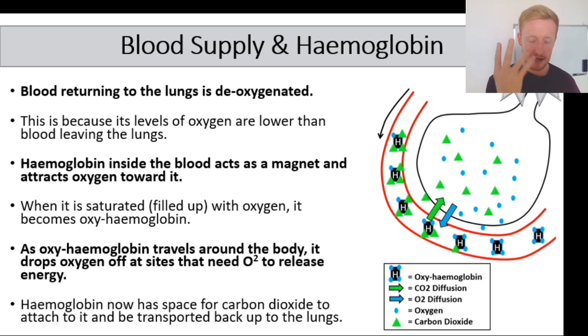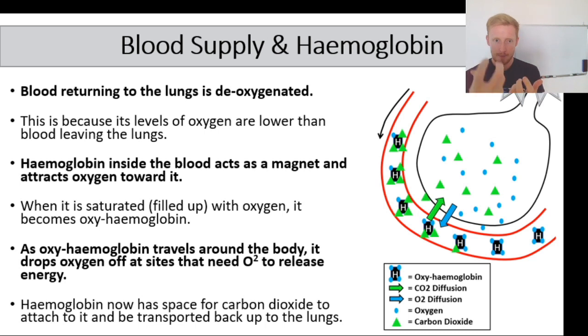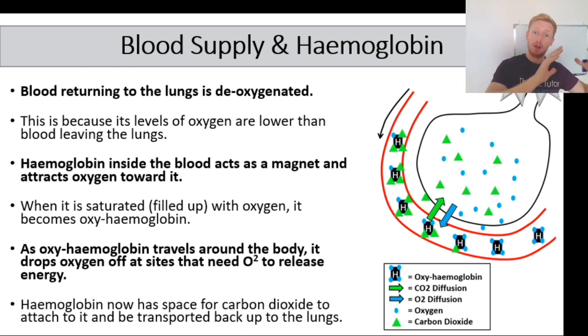So these haemoglobin, these protein compounds stored inside of the red blood cells, can link up with and connect with 4 oxygen molecules. Now, when we do have a haemoglobin connected with oxygen, we actually call it oxyhemoglobin.